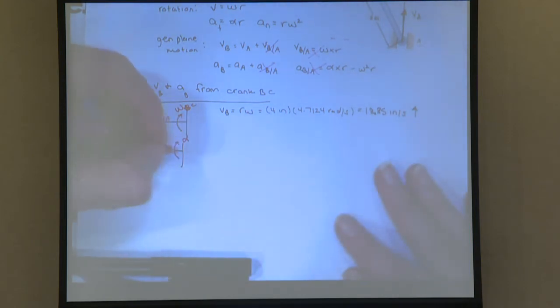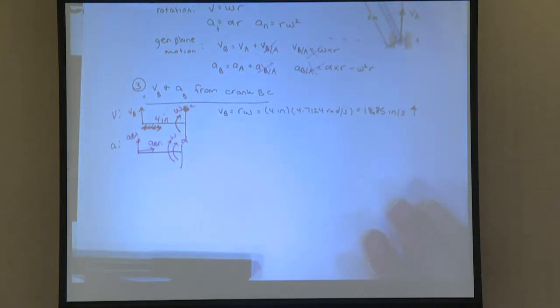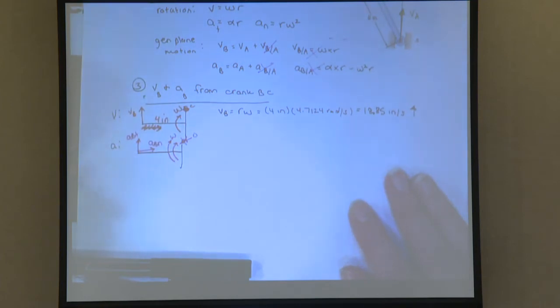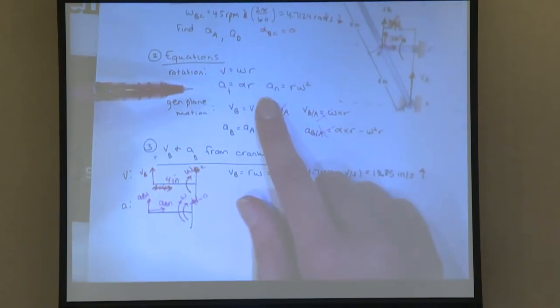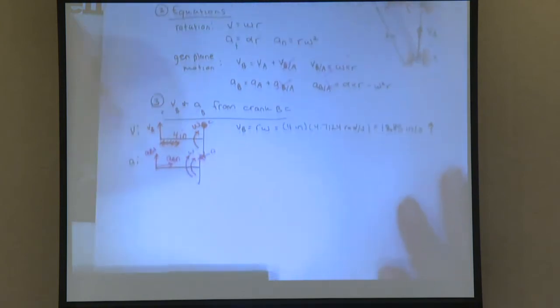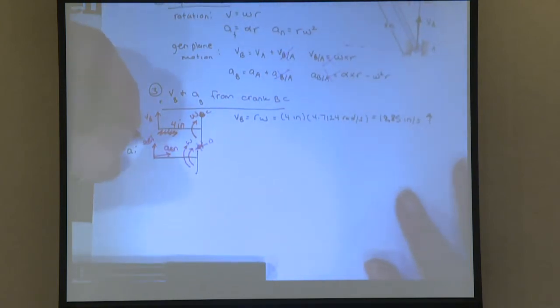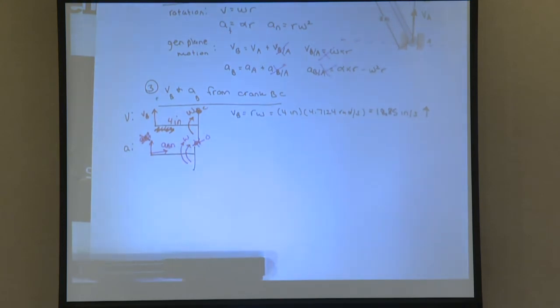And then we also would have the omega still. What does alpha equal? 0. So alpha is 0. And as we saw from our equations up here, if alpha is 0, then the tangential acceleration component is 0. So all I have is the normal component of acceleration.